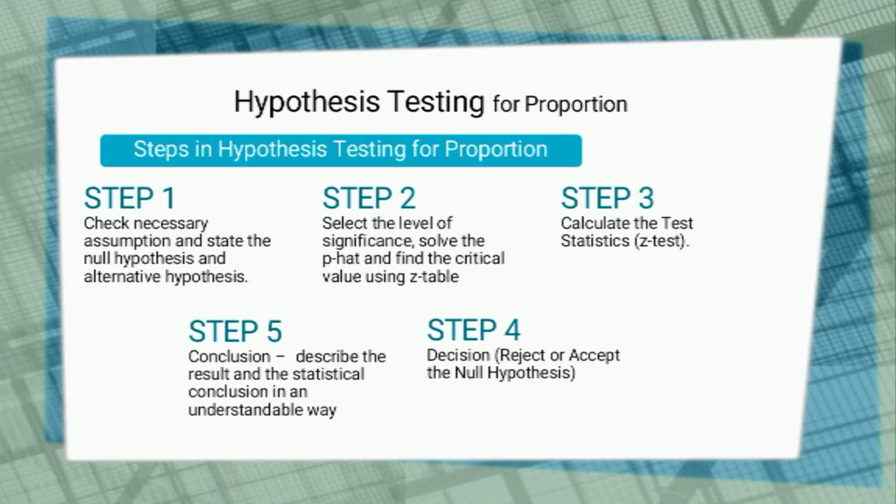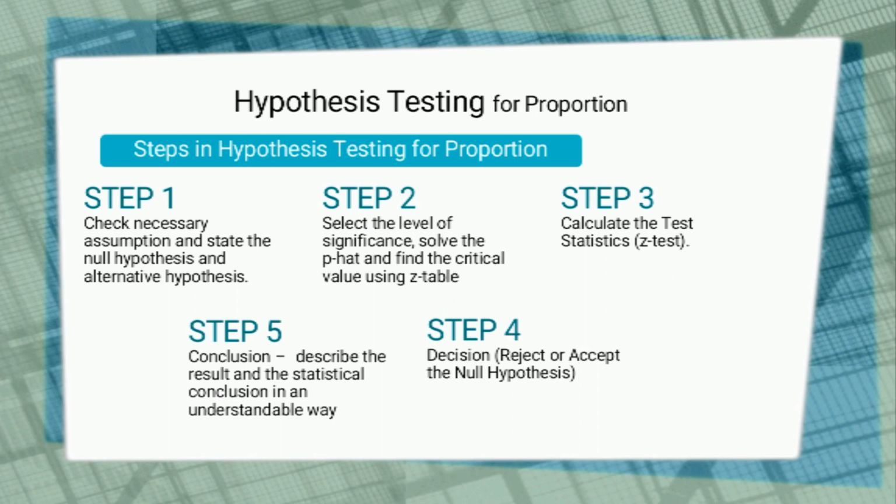So, z-test lang yung gagamitin natin dito. Step 3, calculate the test statistics, which is the z-test. Step 4, decision. Dito yung mag-decide tayo if i-reject natin or i-accept natin yung null hypothesis. So, conclusion. Describe the result and the statistical conclusion in understandable way.